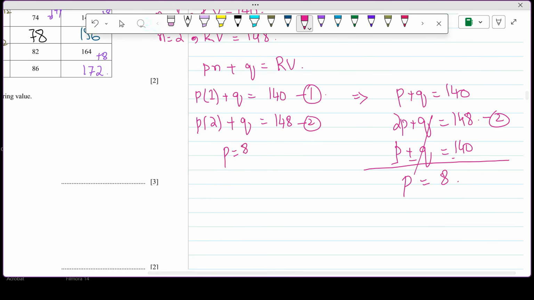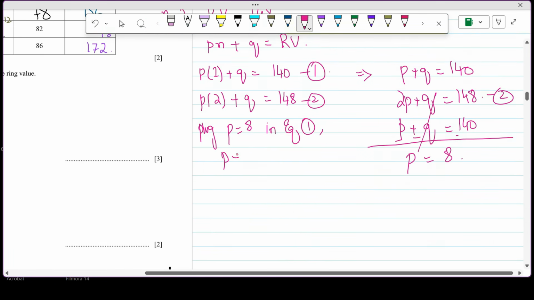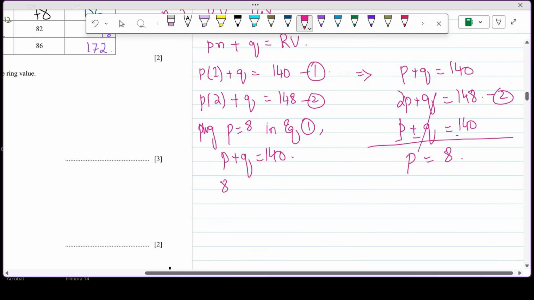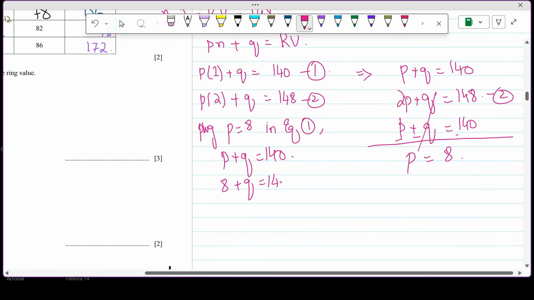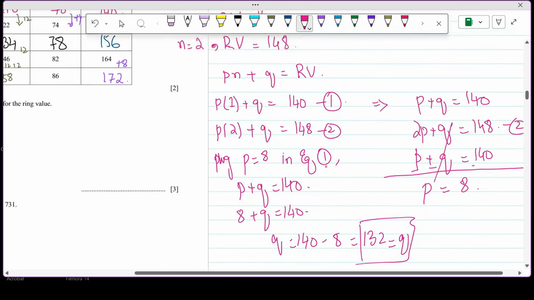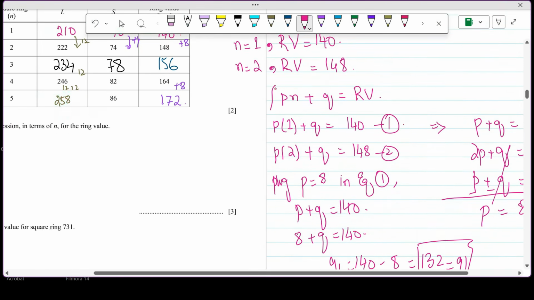Plugging this p into equation 1, we have p plus q equals 140. So 8 plus q is equal to 140. So q is equal to 140 minus 8, which is 132. So you can see that for the general equation, we have calculated p and q.